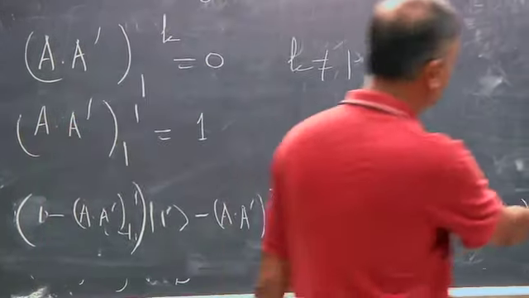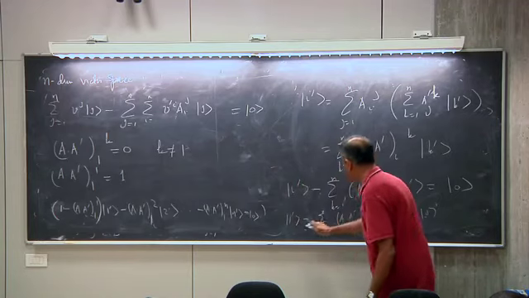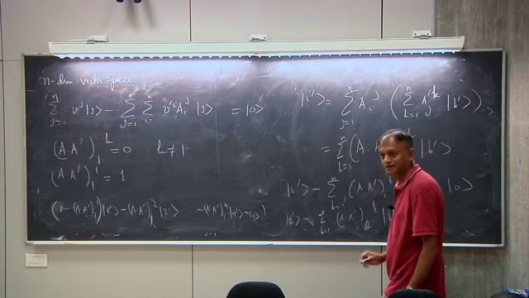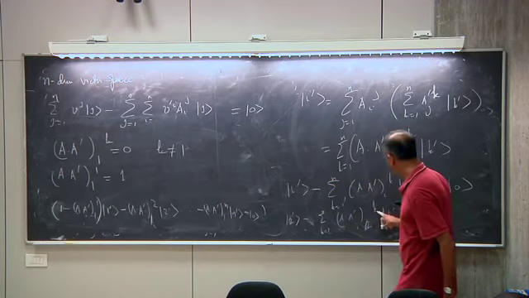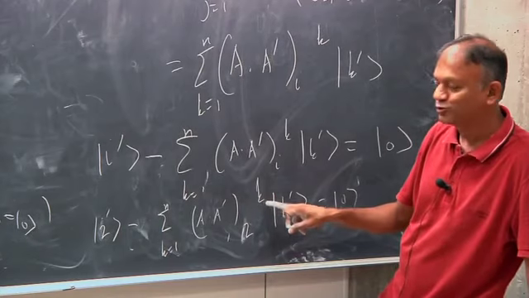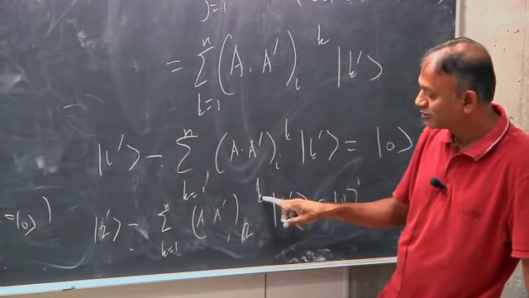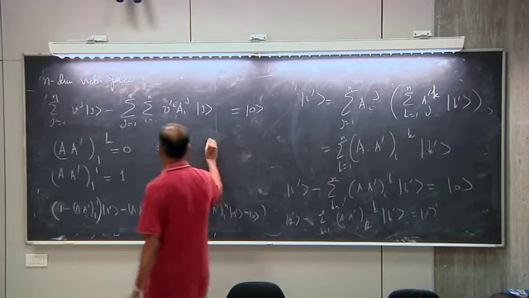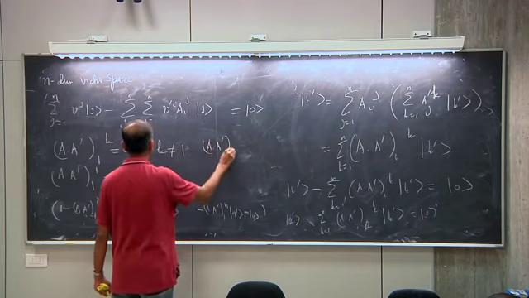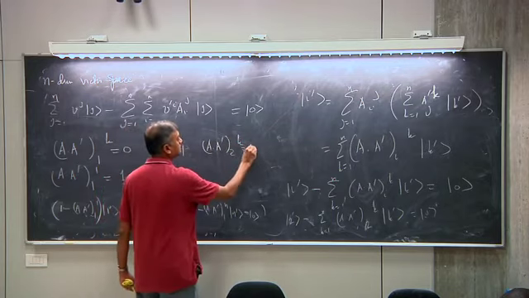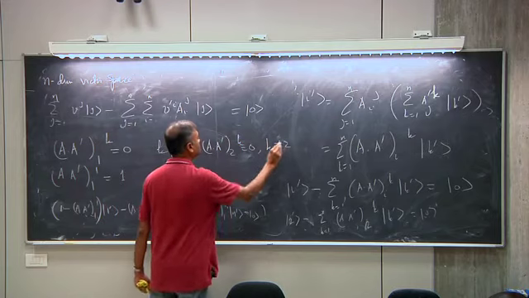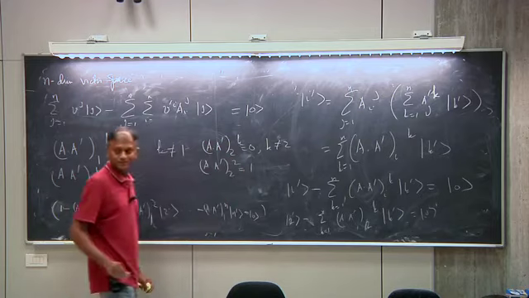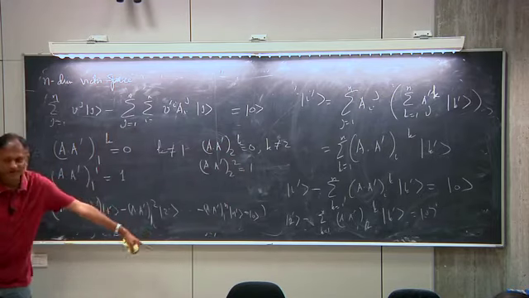Now you do the same thing for 2, 3, etc. If it is 2, what will happen? When I is equal to 2 in this equation, you get that. Now you see that this coefficient will be 0 whenever k is not equal to 2, and when k is equal to 2, this must be equal to 1. So another equation you find is A times A prime 2k equal to 0 when k is not equal to 2, and A times A prime 2, 2 is 1. Do that for each of them.